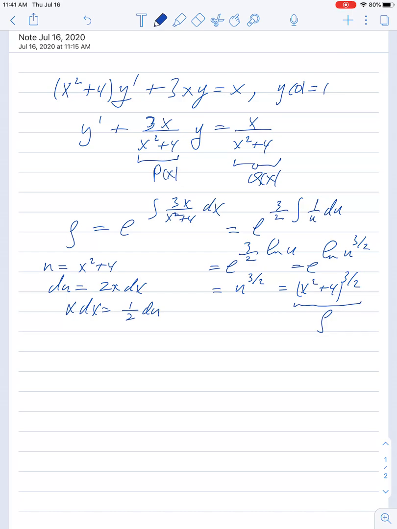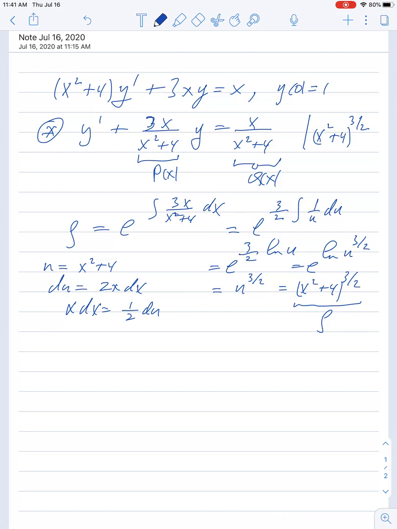We multiply the standard form of the equation by this integrating factor. This is the standard form of the equation. So we multiply both sides throughout by x squared plus 4 power 3/2.